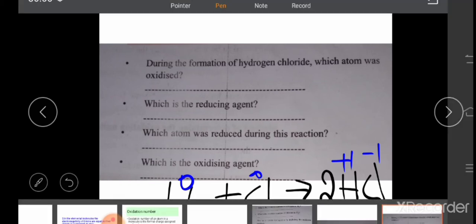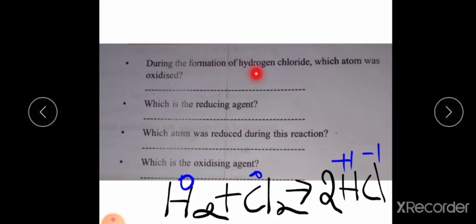So here you can see 4 questions. During the formation of hydrogen chloride, which atom was oxidized? We know what oxidation is. We studied that oxidation means a loss of electrons. Again, one more definition we studied: in a chemical reaction, if the oxidation number increased, then we can call it oxidation.